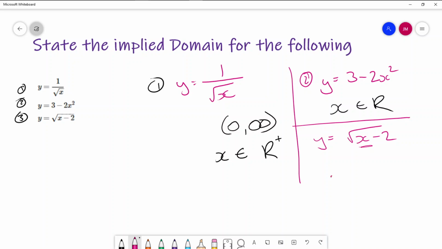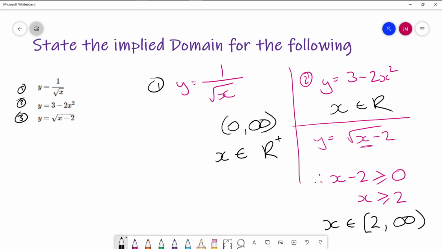We'd say, therefore, x minus 2 must be greater than or equal to 0. When I rearrange that, x must be greater than or equal to positive 2. So how do I write that in my notation? I can say the implied domain, or x belongs to 2 to infinity, and I've got a square bracket because it can equal positive 2.